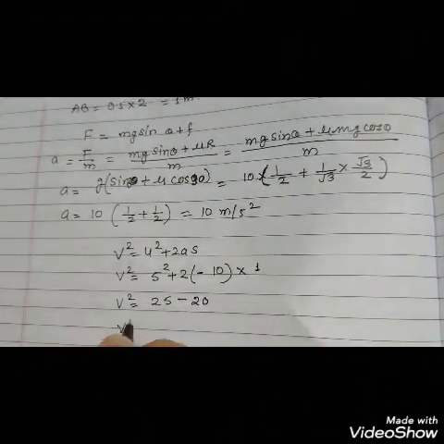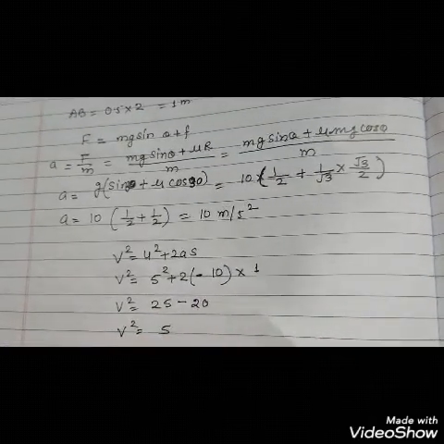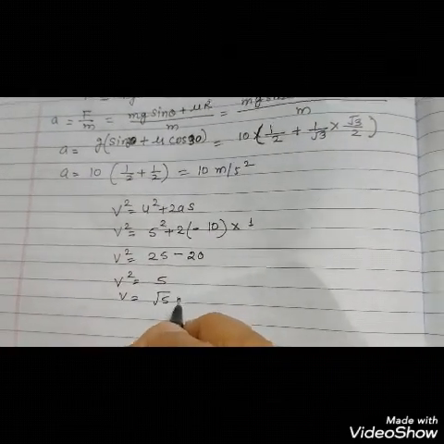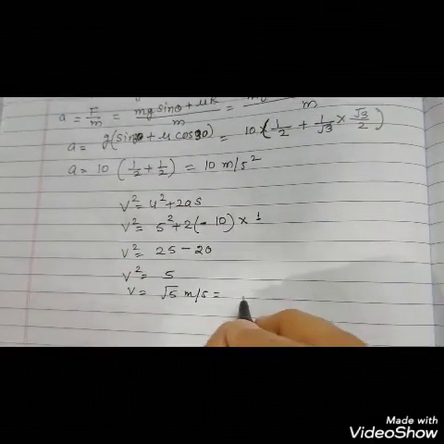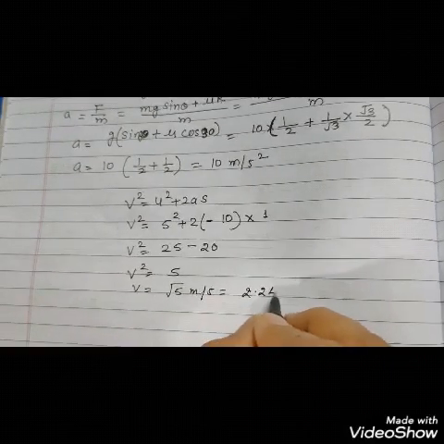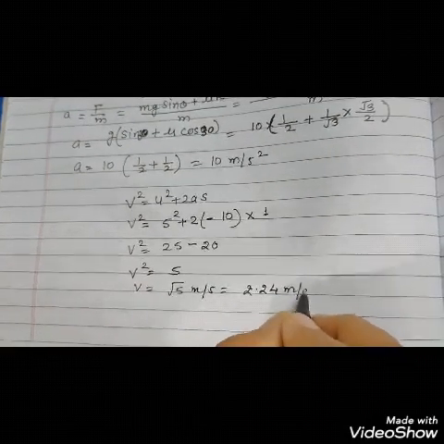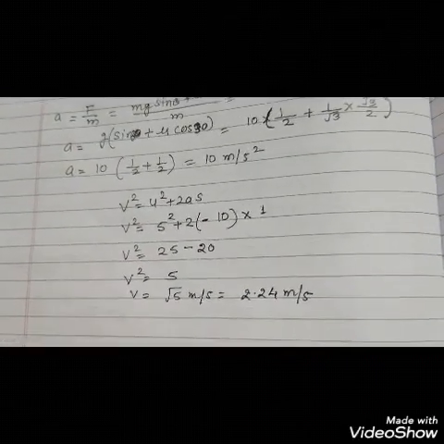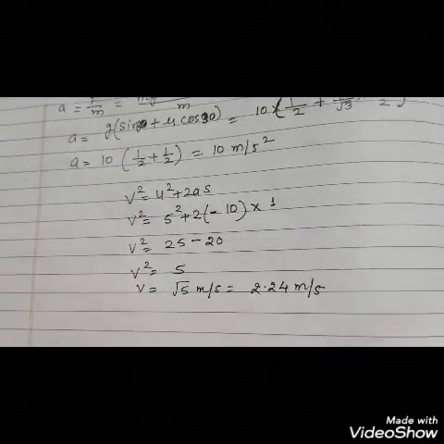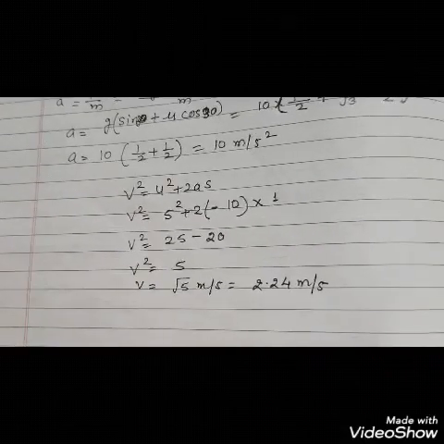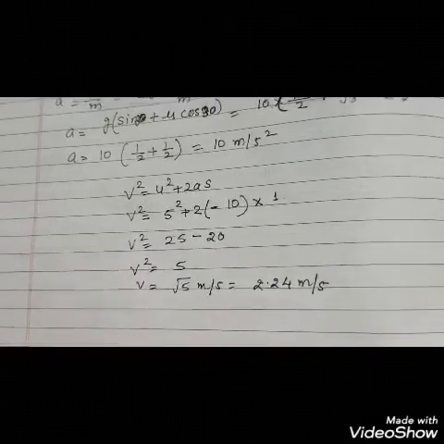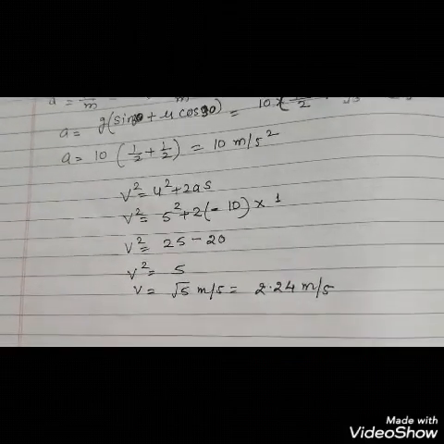So v square is equal to 5, or v is equal to root 5 meter per second, or 2.24 meter per second. So the velocity at the top of the inclined plane will be 2.24 meter per second, which is lesser than the initial velocity, and that's why the retardation takes place.